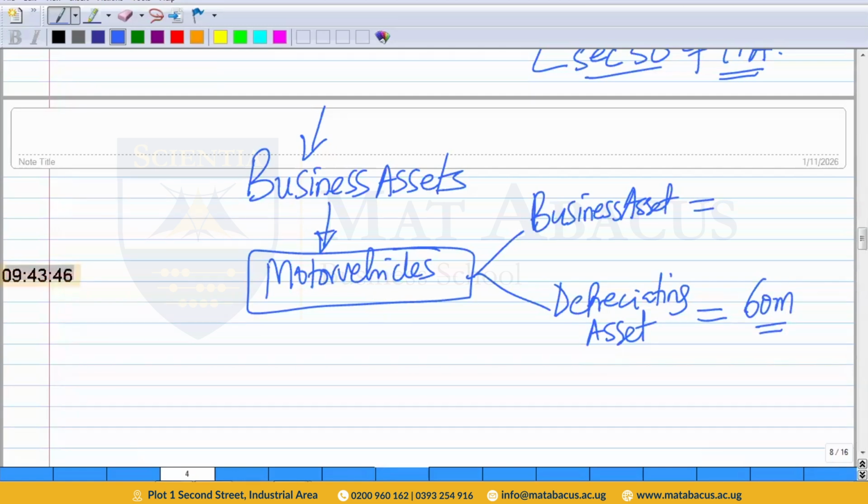If the vehicle was a Mercedes-Benz at 500 million, we're saying that the portion of it is 60 million and the balance is a business asset. So we shall look at all this and how we get the capital gains tax.